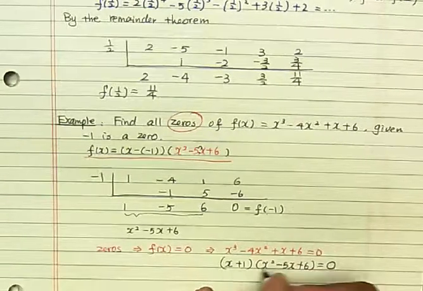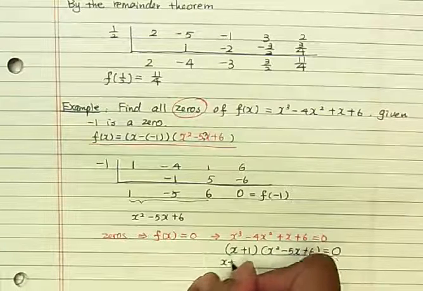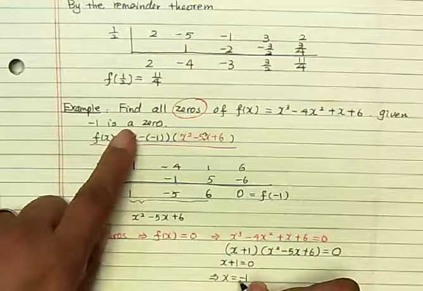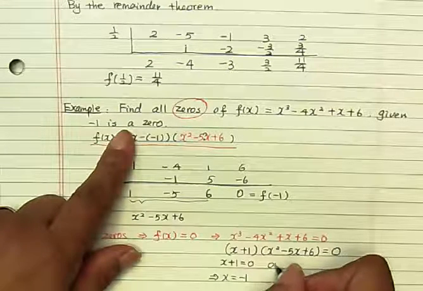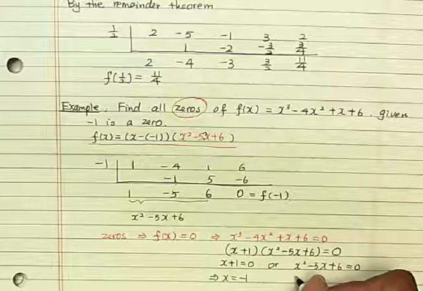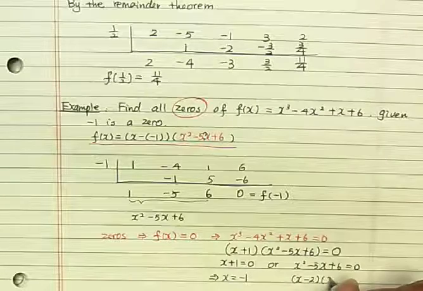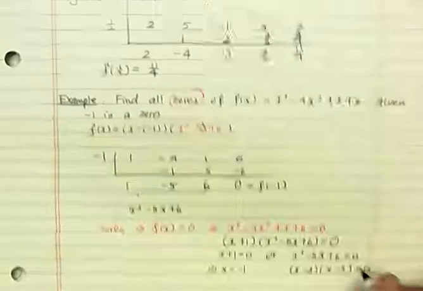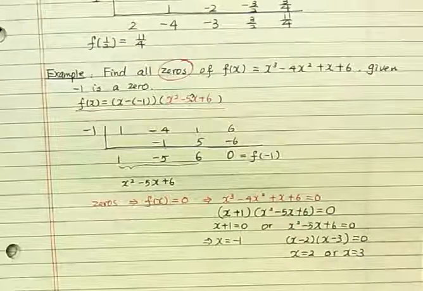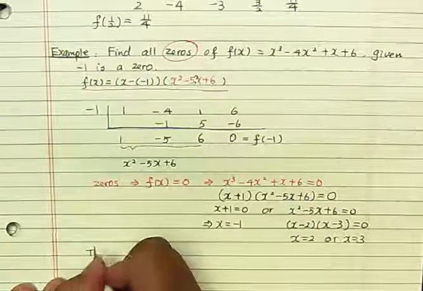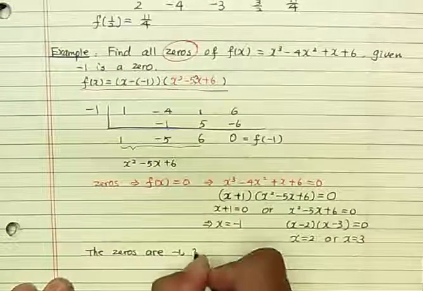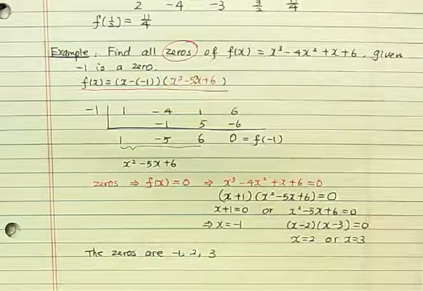By the zero factor property, you get x plus 1 equals 0, which is x equals -1, which is what we are given. On the other side, you have x squared minus 5x plus 6 equals 0. If we use factoring, that's x minus 2 times x minus 3 equals 0. So you have x equals 2 or x equals 3. So the zeros are -1, 2, 3. You have 3 zeros here.